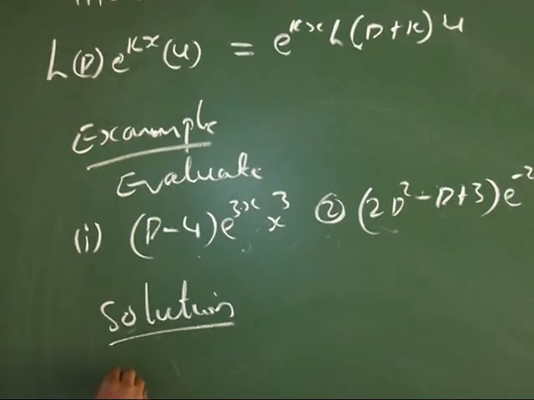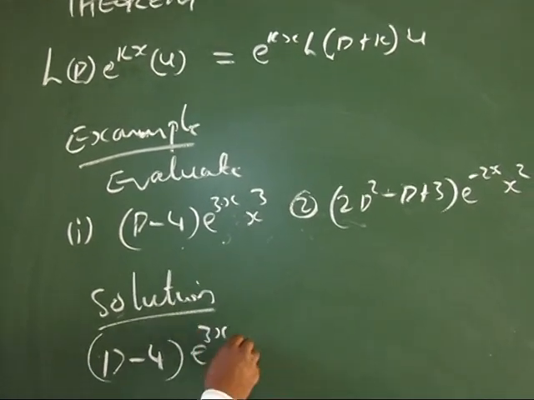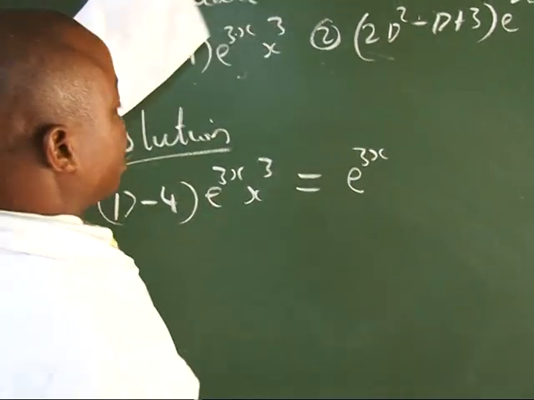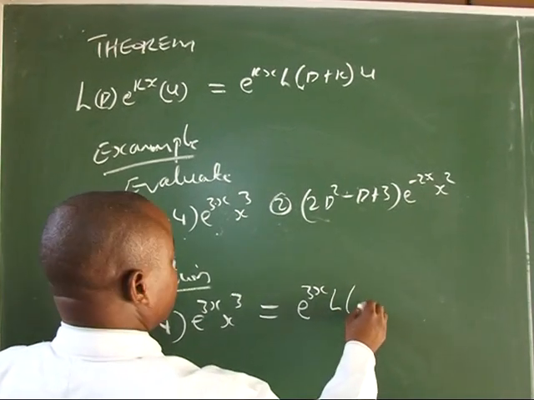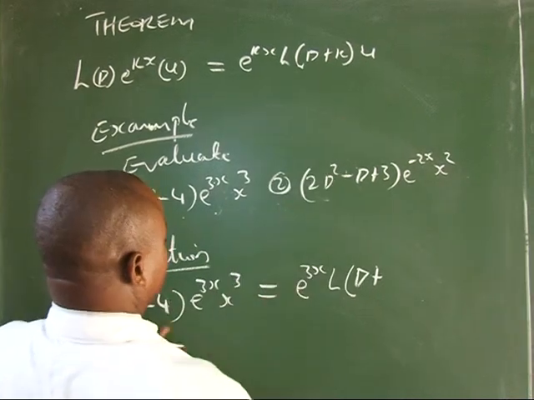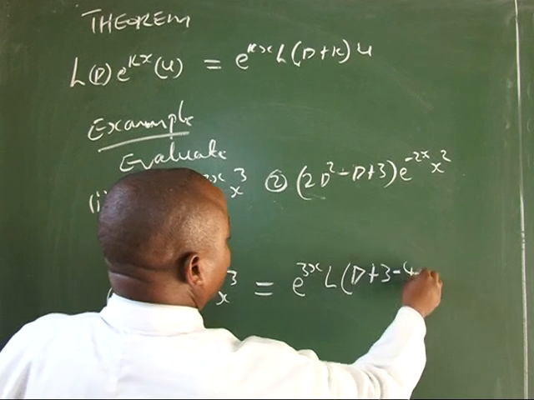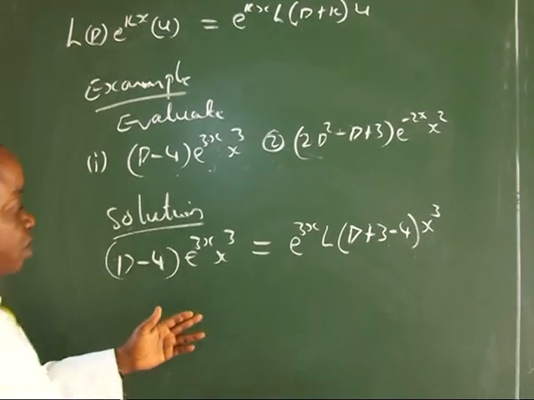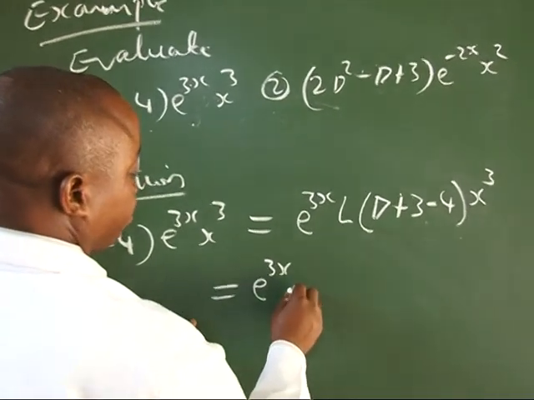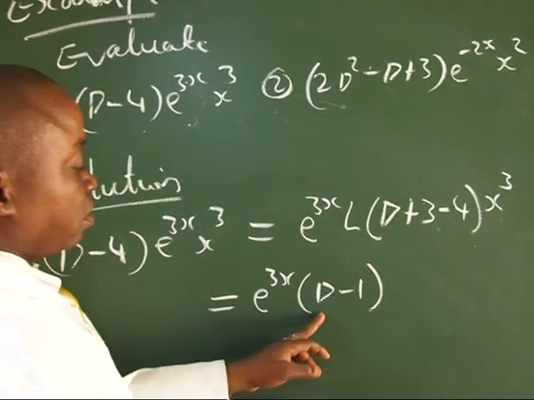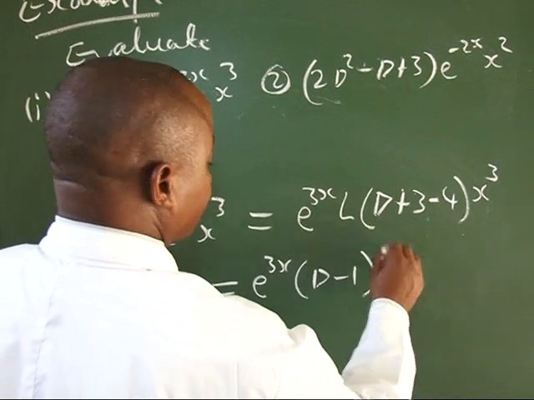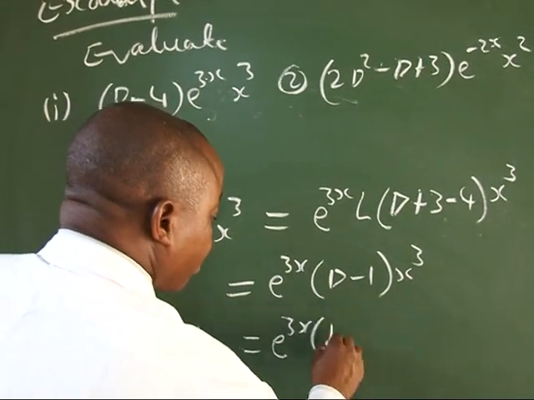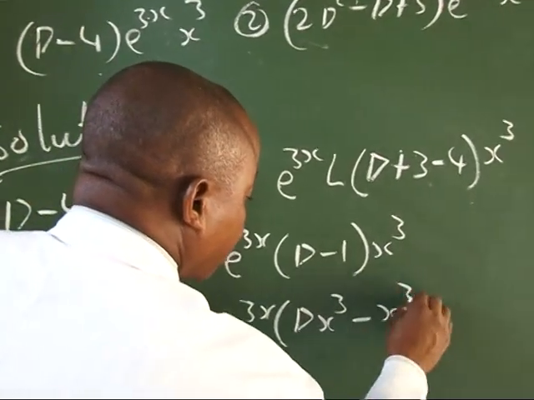Using this theorem, d minus 4 exponential 3x x cubed will be equal to exponential 3x, you see, I'm bringing out exponential 3x, then I have L(D plus k), and k in this context is 3, so d plus 3 minus 4, then I have u, which in this case is x cubed. So this will become exponential 3x, d minus 1 times x cubed, and that will give us exponential 3x, d x cubed minus x cubed.